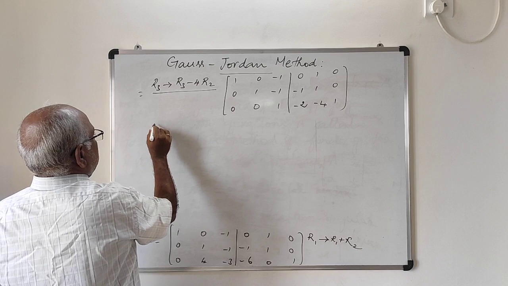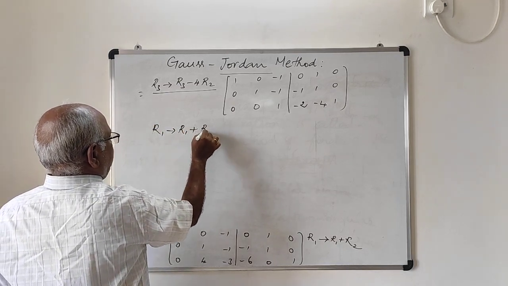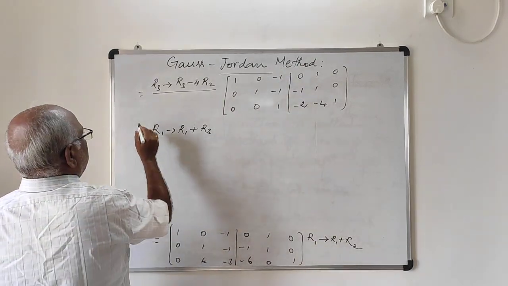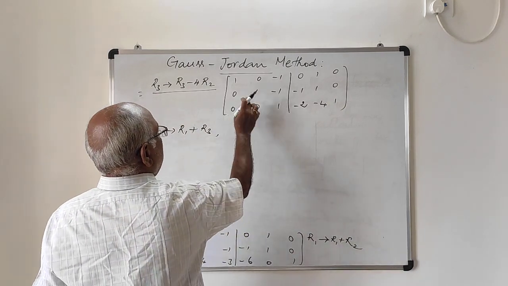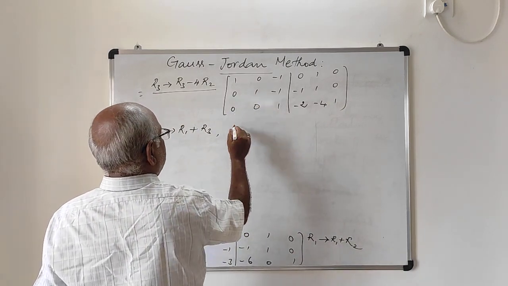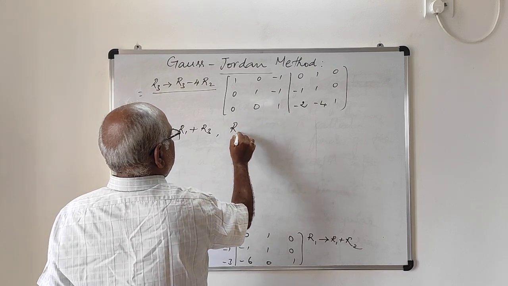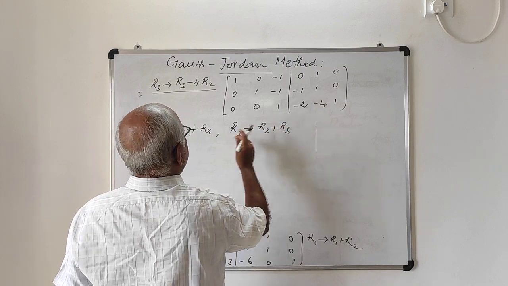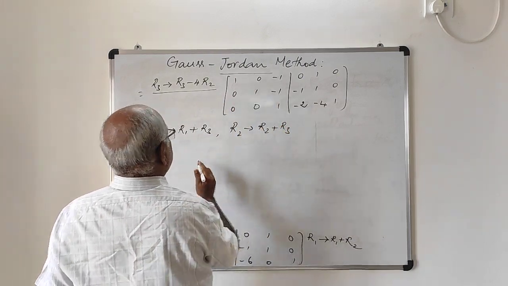For that, R1 is R1 plus R3. This element becomes 0. And one more operation, R2 is R2 plus R3. R1 is R1 plus R3. R2 is R2 plus R3.